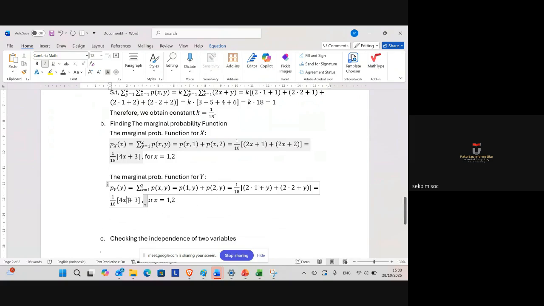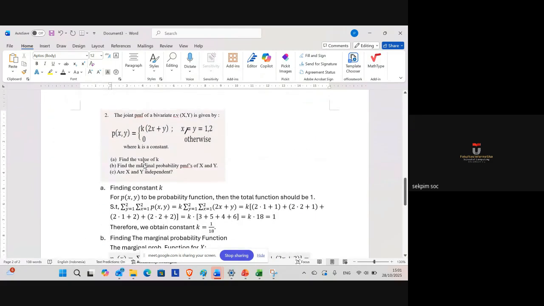We get 2y from this and this, and the constant 4 plus 2 is 6, right? And this is for y equal to 1 and 2. Okay, so this is the answer for the marginal function.